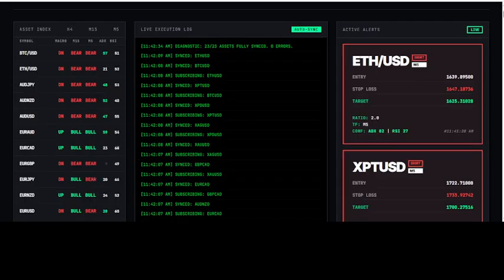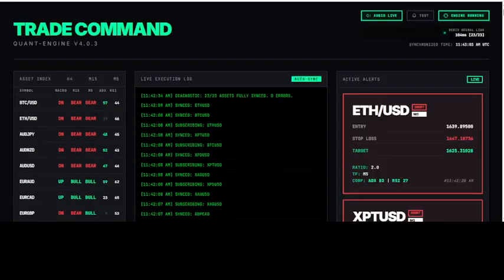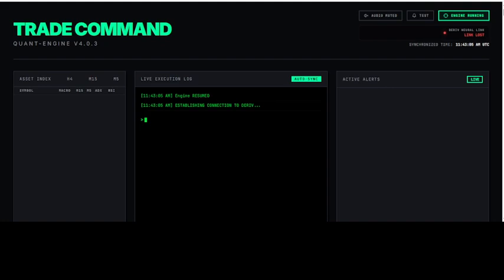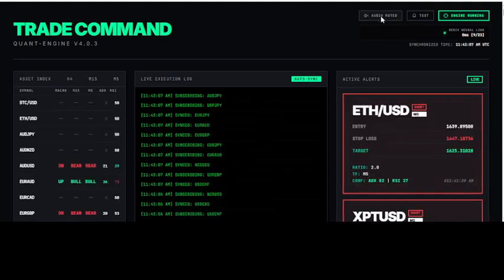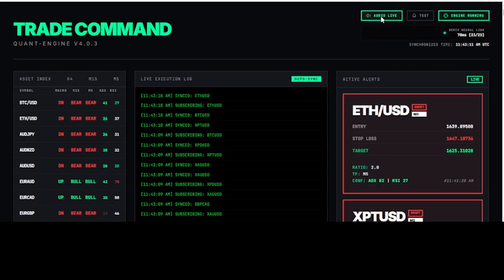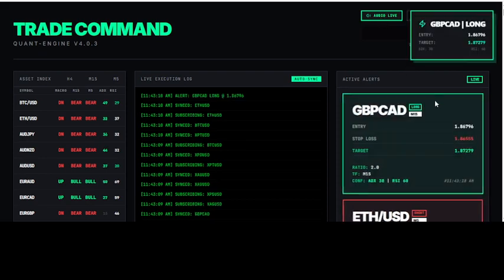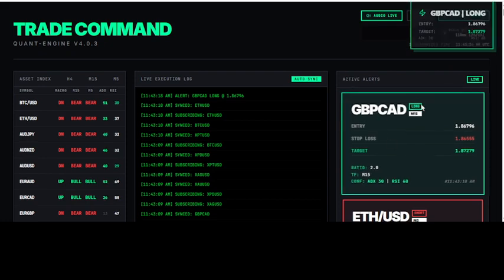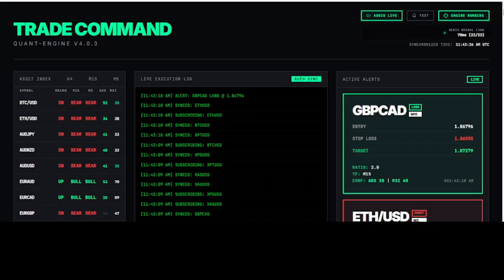Let me reload the engine again here. Okay, Great British Pound Canadian Dollar on the 15-minute time frame.